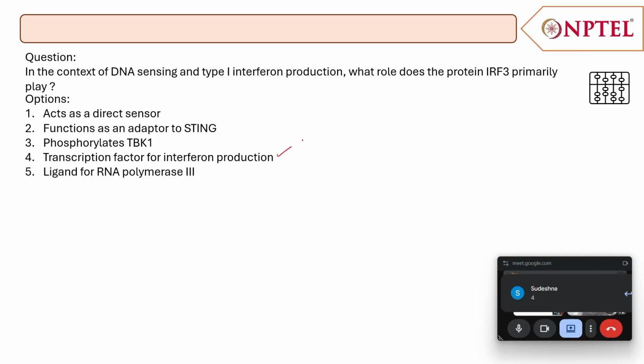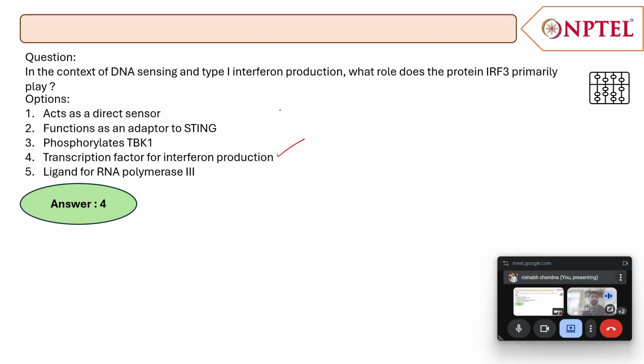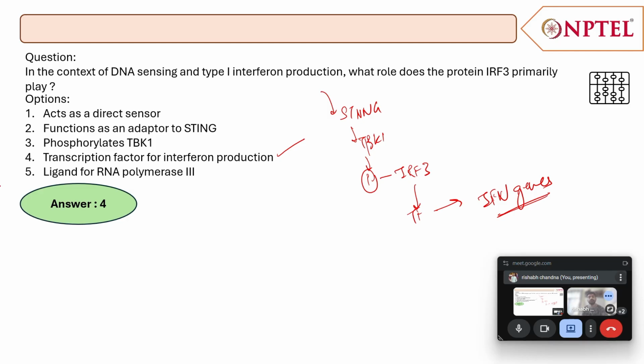Okay. Yes, the correct answer is option 4. So whenever there is a signal through the STING pathway, it activates TBK1, which phosphorylates the IRF3. Now this IRF3 is a transcription factor that leads to IFN genes production. Okay, so the correct answer is option number 4.